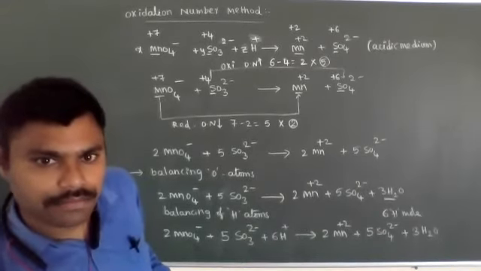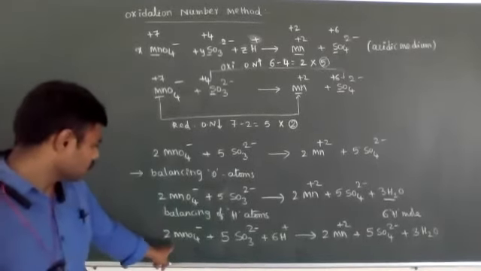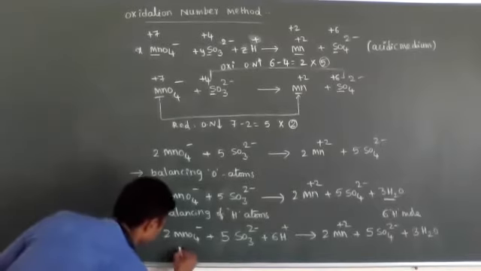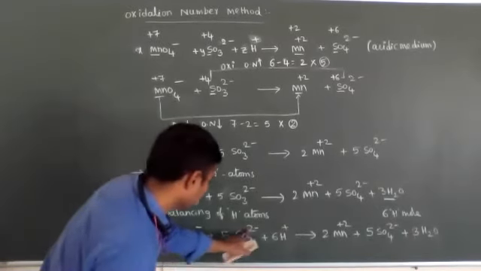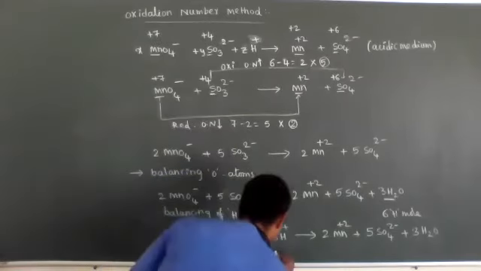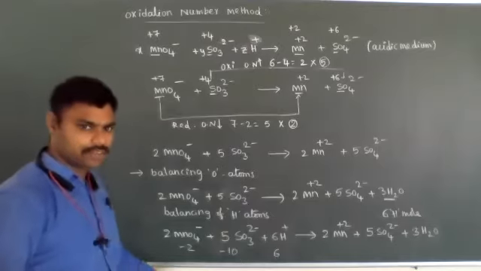Who is saying charges are not balanced? See, here the charges are also balanced. 2 moles of MnO4- means minus 2. Here 5 times 2 minus is minus 10, and 6H+ means 6 units of positive charge. What is the net charge?